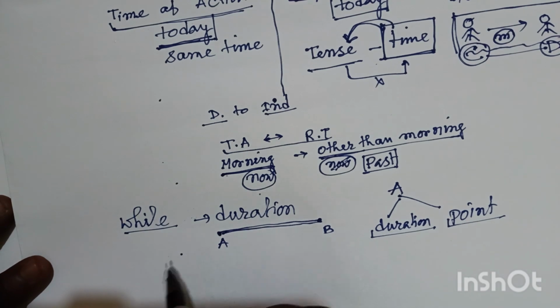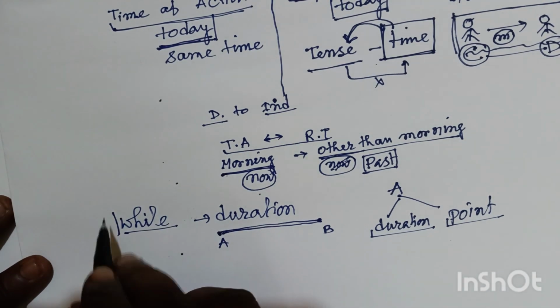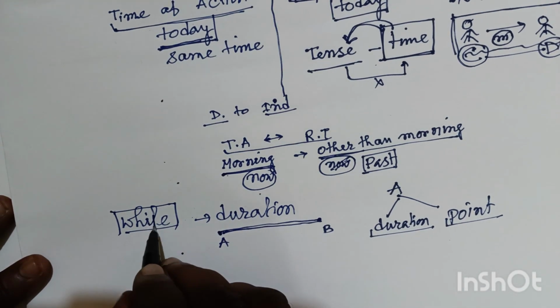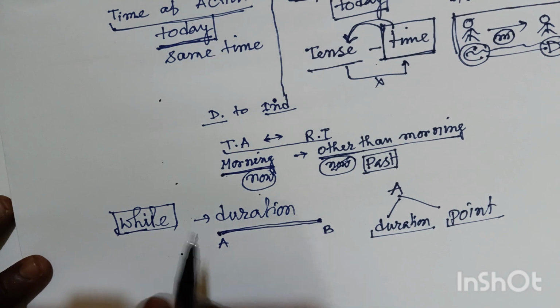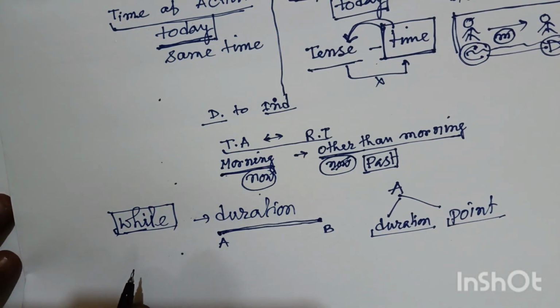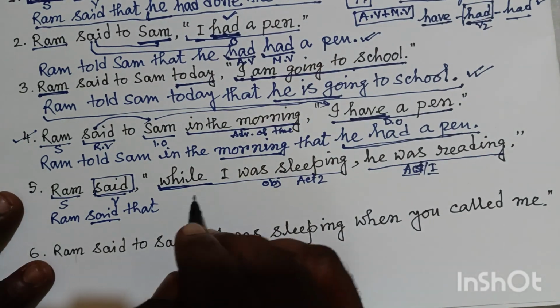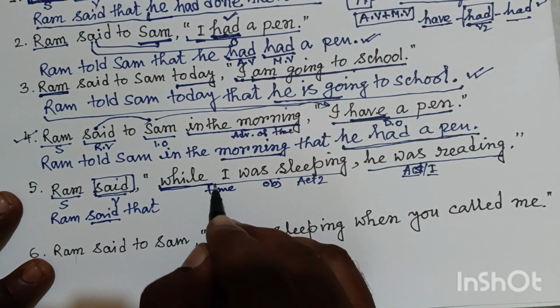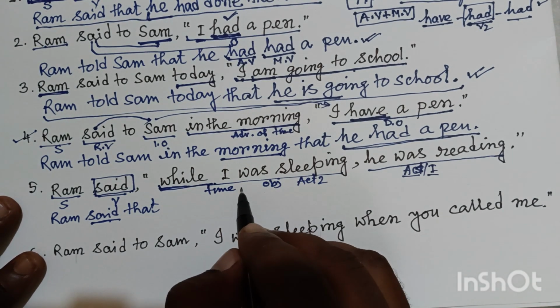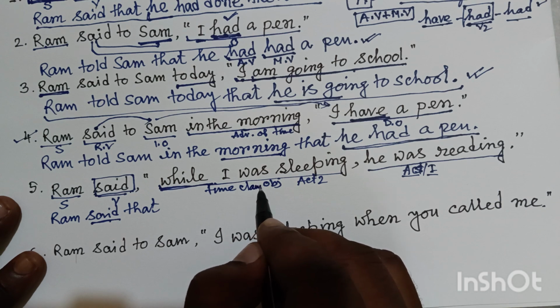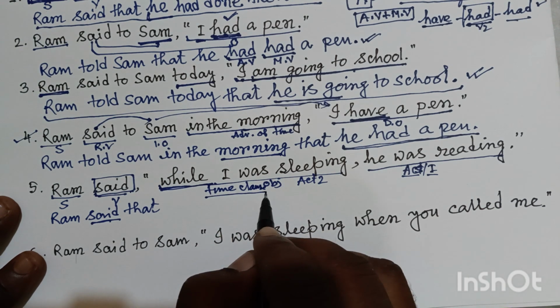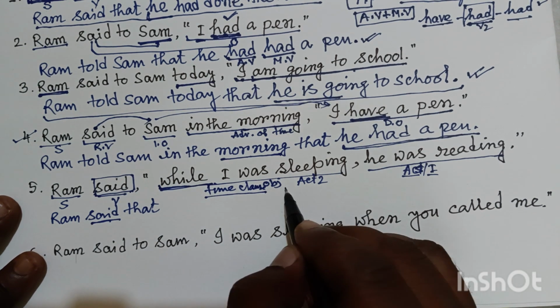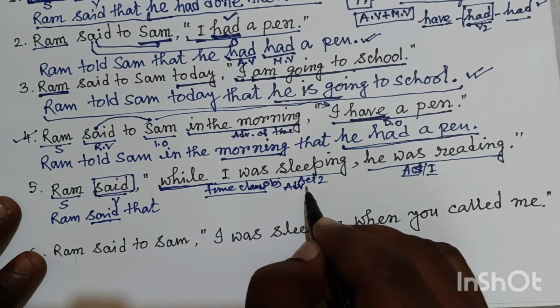So obviously, whatever we are writing down with this subordinating conjunction will represent a duration of time. Here you can see this is a time clause, which means obviously an adverb of time.